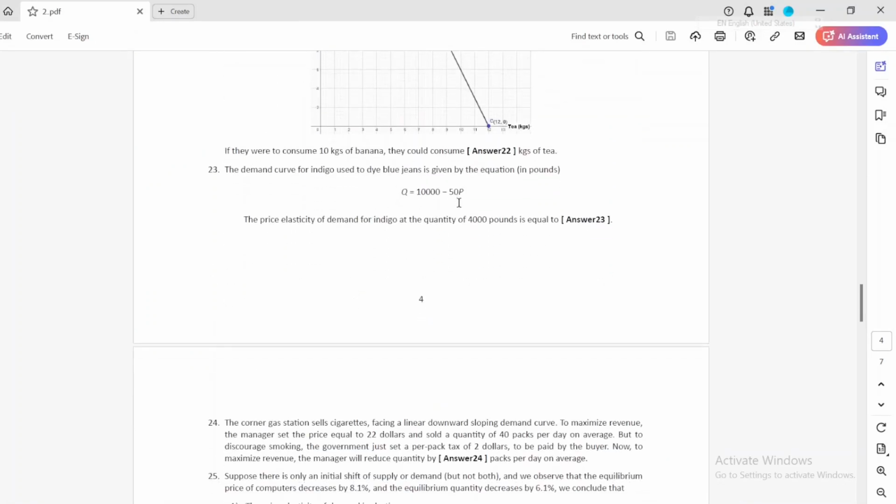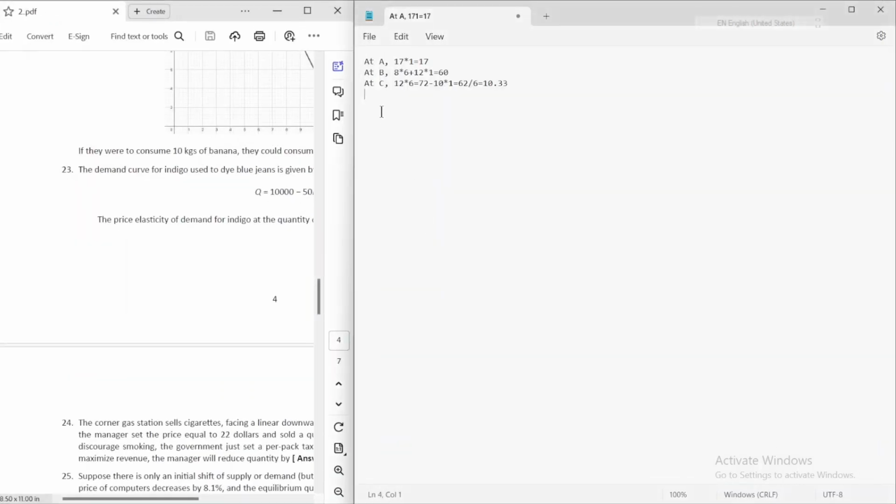You are given a demand relation, and the price elasticity at this quantity is asked. This is very simple. Simply put the value of Q here, and you will get the value of P. Then you can apply the formula of price elasticity at a point.